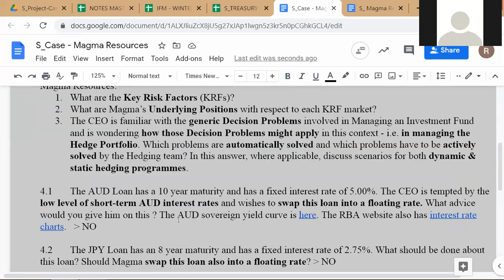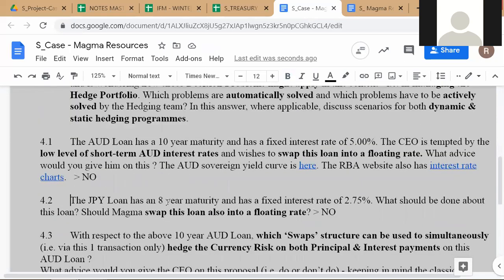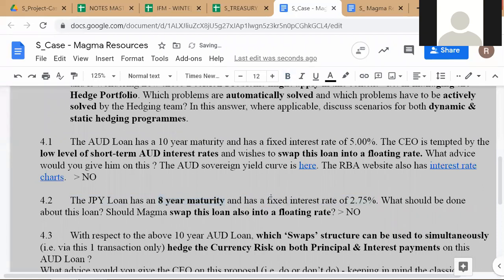And now what is the other information? The JPY loan has an 8-year maturity and a fixed interest rate of 2.75%, and then we're going to copy this onto the case.